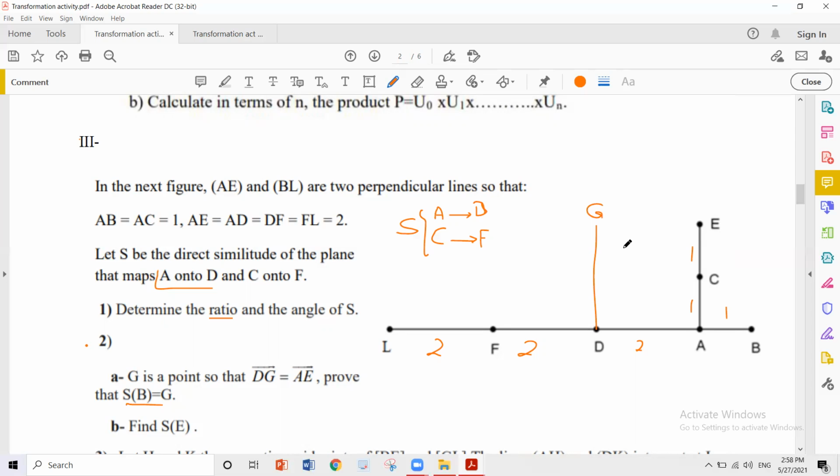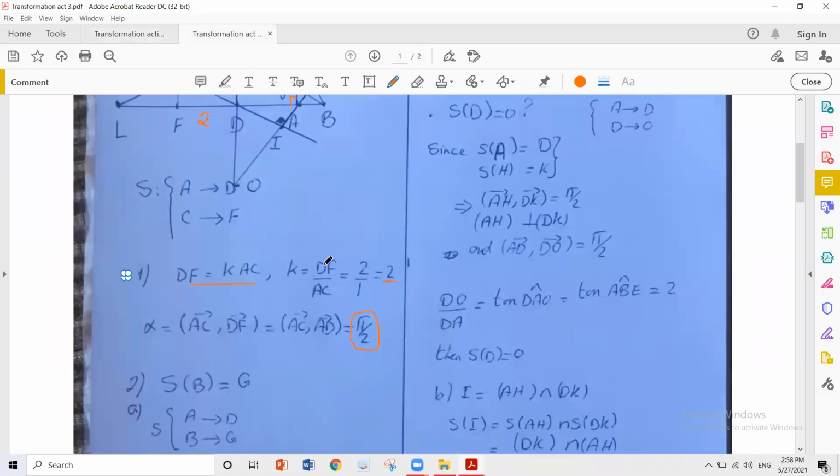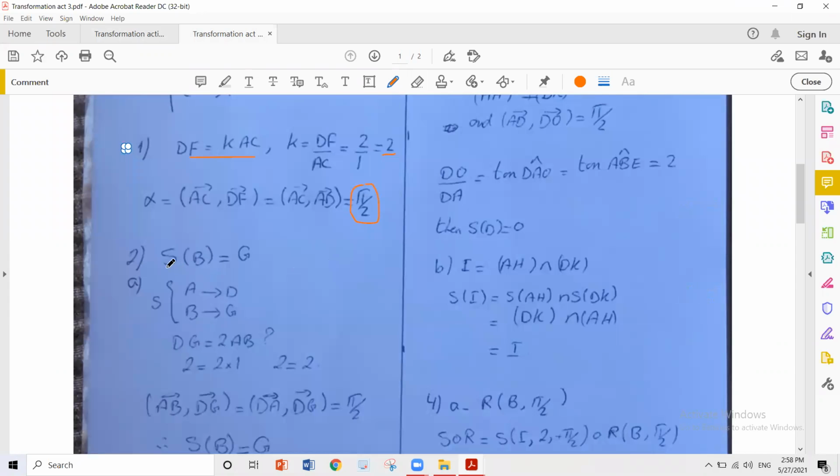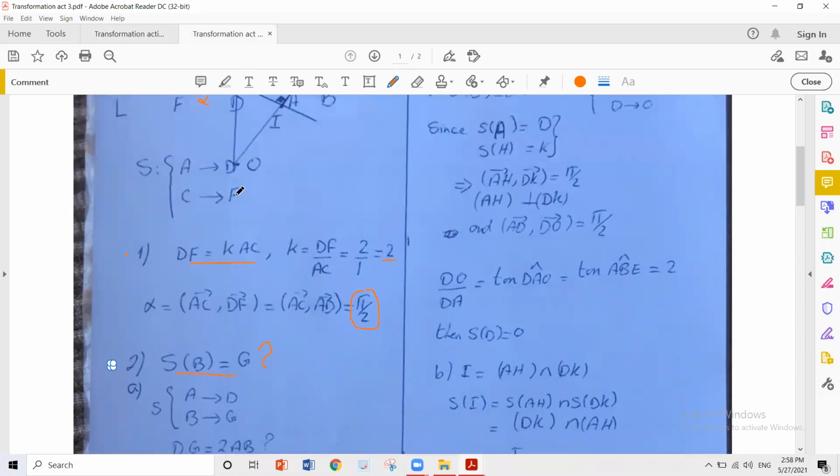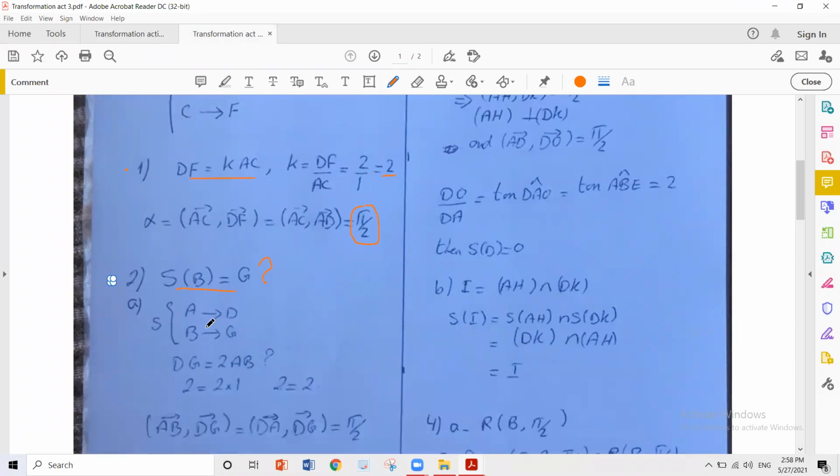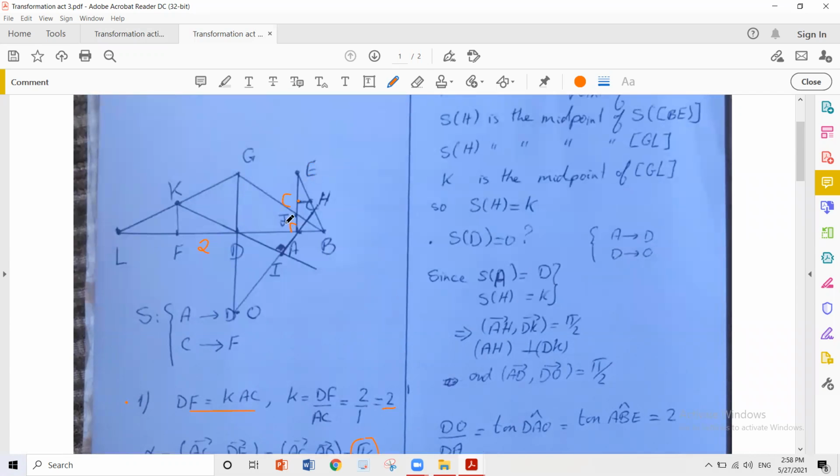So S of B equals G is what I need to prove. I take A onto D, B onto G. For this to be true, DG must equal AB. Looking at the figure, DG is 2, AB is 1, so DG equals AB.